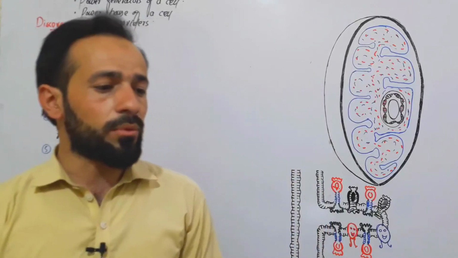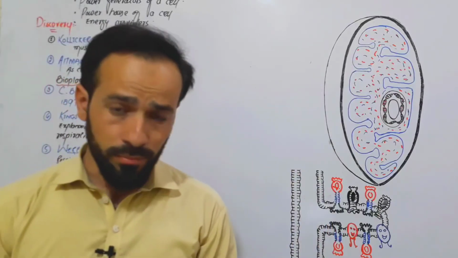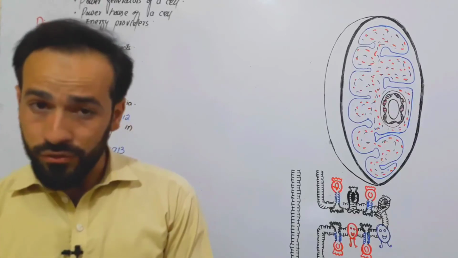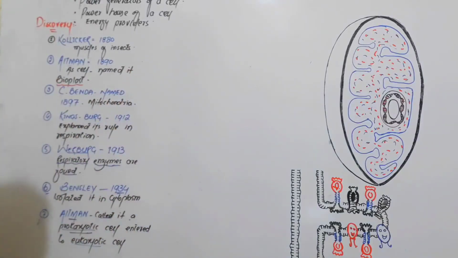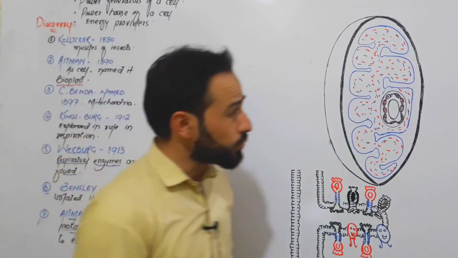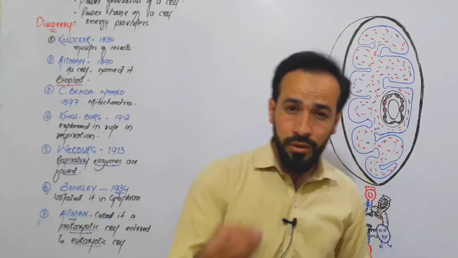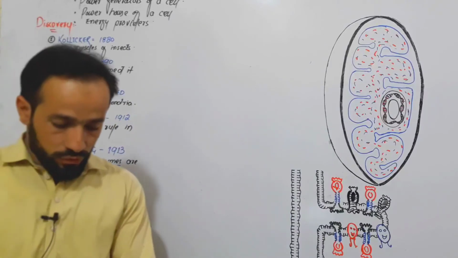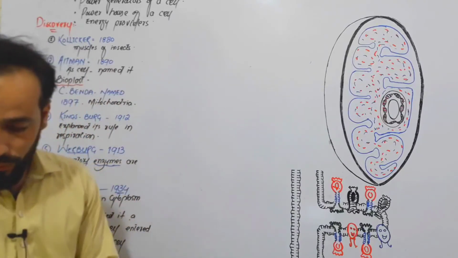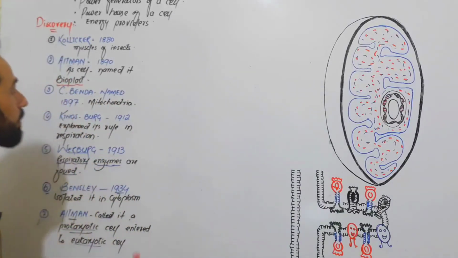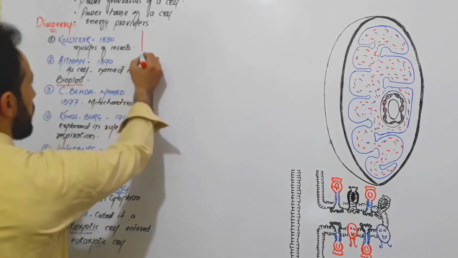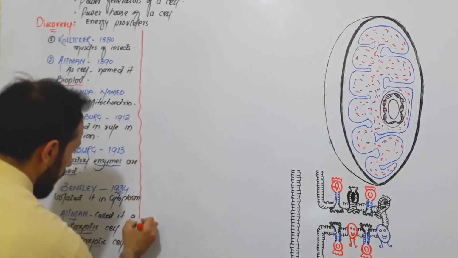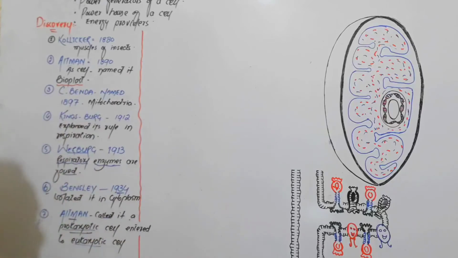If you want to talk about the structure and everything about mitochondria, we should know the history, and we have done the history of mitochondria, and I will inshallah do every organelle in detail like this, right? Okay, so now we go further and study our mitochondria in more detail.